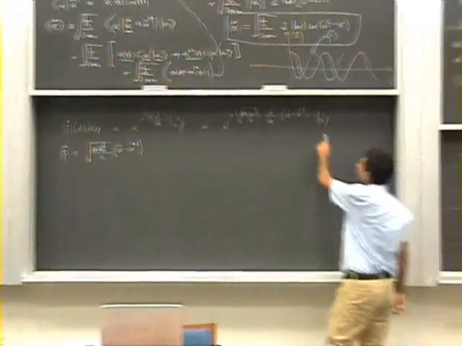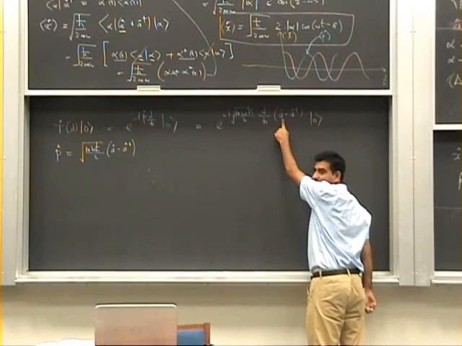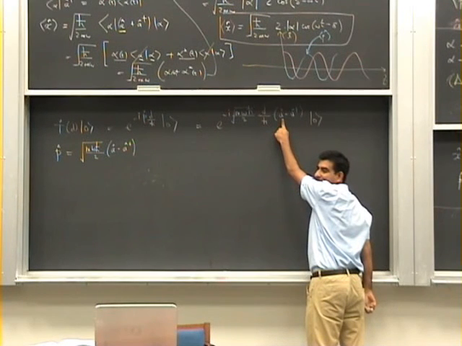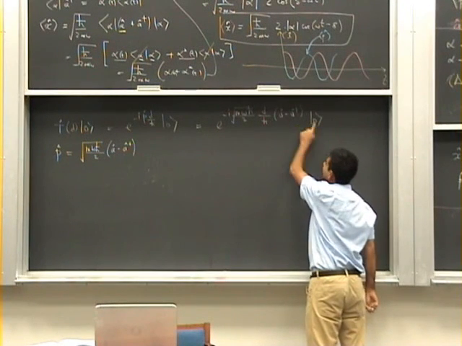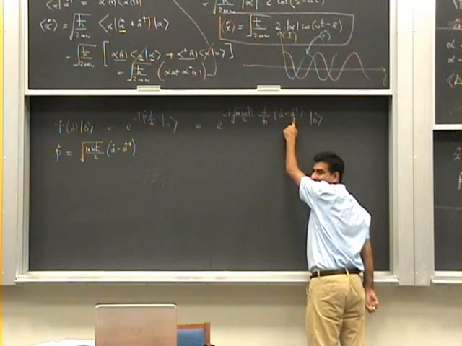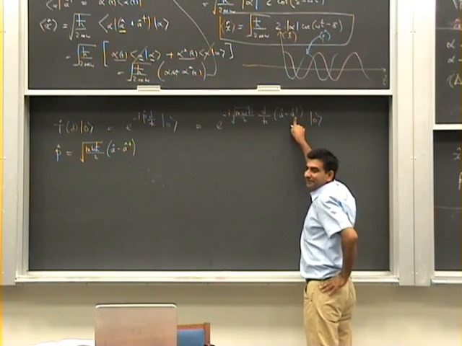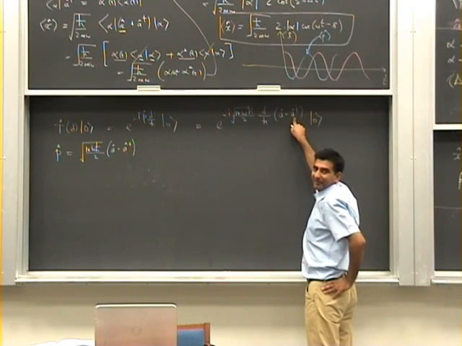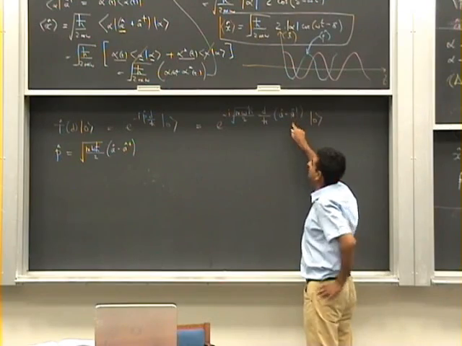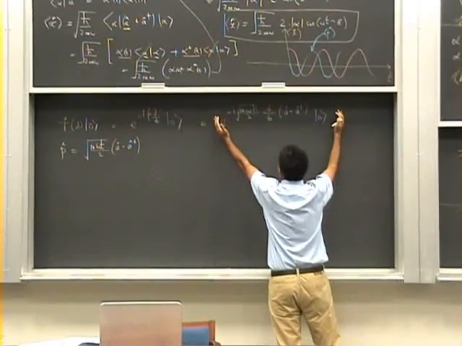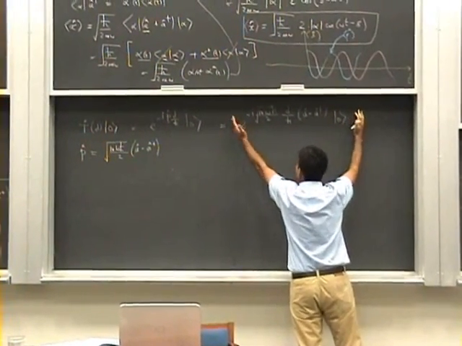Now is ket 0 an eigenstate of A? No, it's not. Is it an eigenstate of A dagger? No, it's not. Right? And does A commute with A dagger? No, it does not. So I have to find out the new state that emerges out of this.